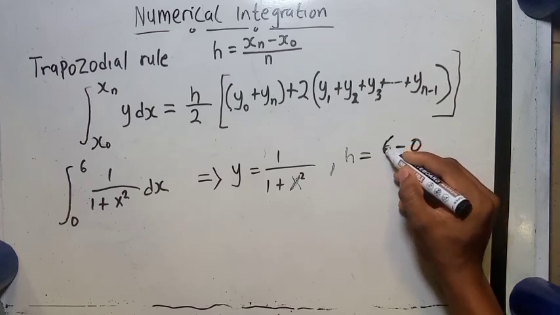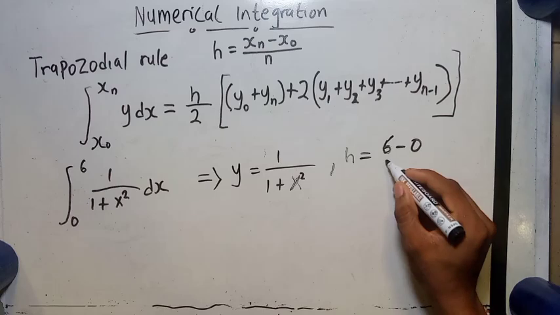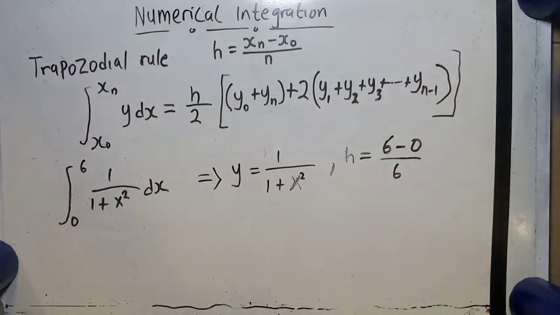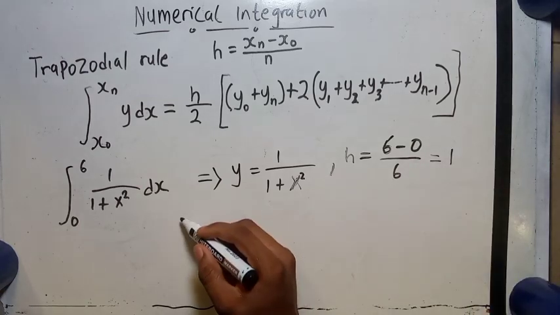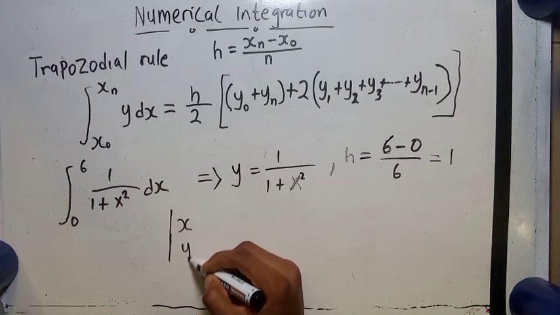I wasn't given a value of n, but I want to assume my own to be 6, so that I will have an interval of just 1 in between my x's. So this will give me 1. What this means is that I'll be creating a table of x and y.